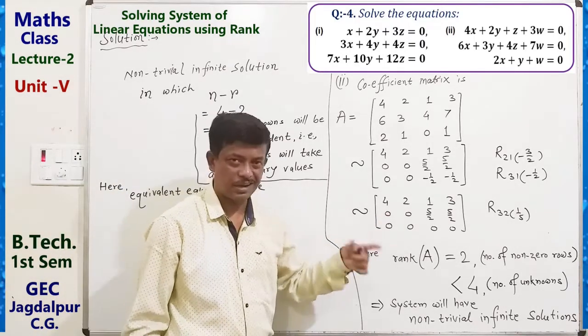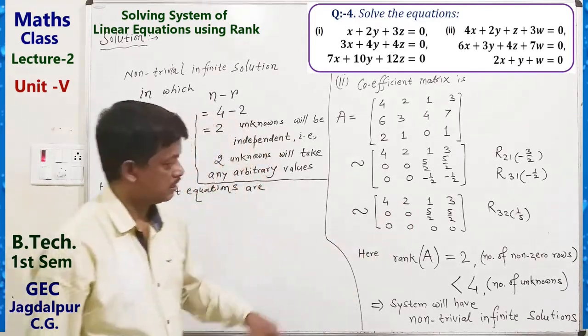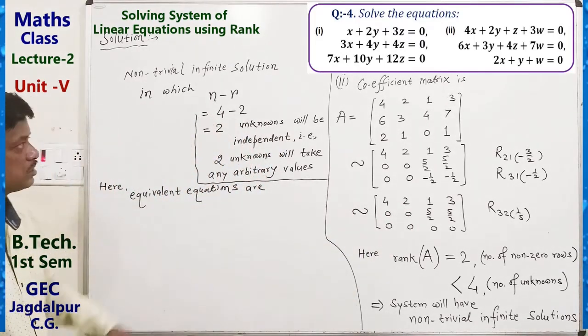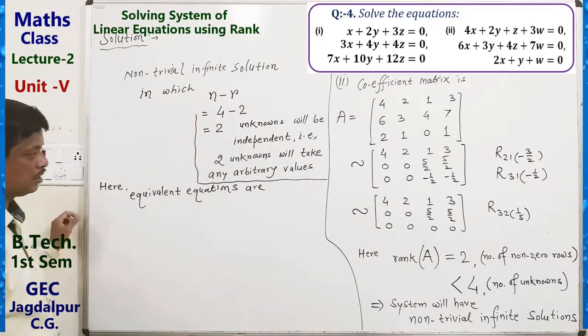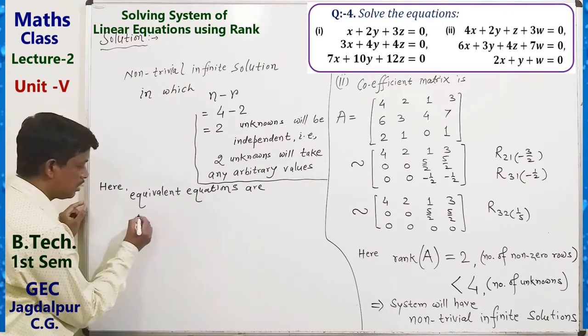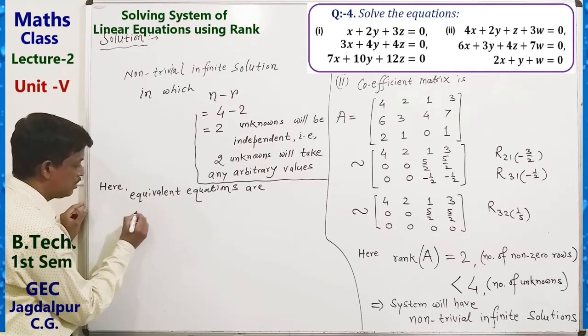From this last equivalent matrix. Here equivalent solutions of 4 unknowns. Equations are, how can we write?